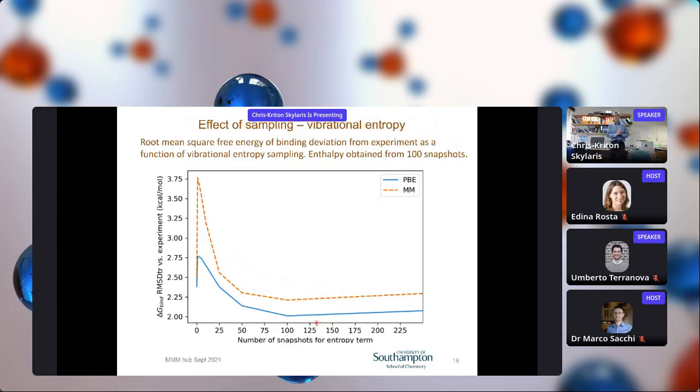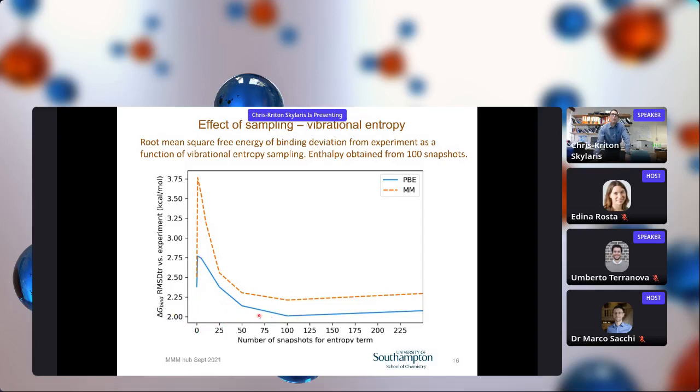Now, another thing that we do here is to include some entropy, and this comes from vibrational entropy from each snapshot. And this is something surprising that we obtain here: for a particular enthalpy calculation, here it's 100 snapshots for the enthalpy, you see that there is a big variation, a big error if you use only a few snapshots for the entropy.